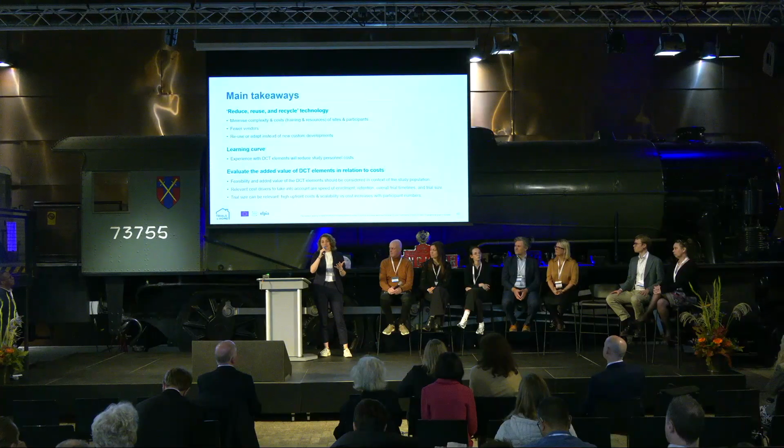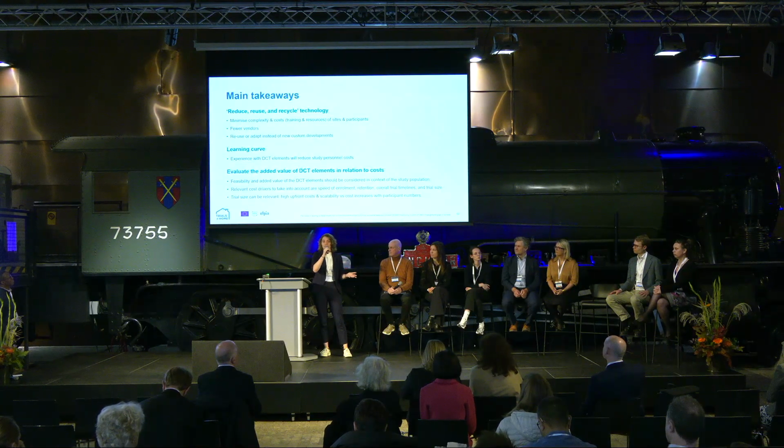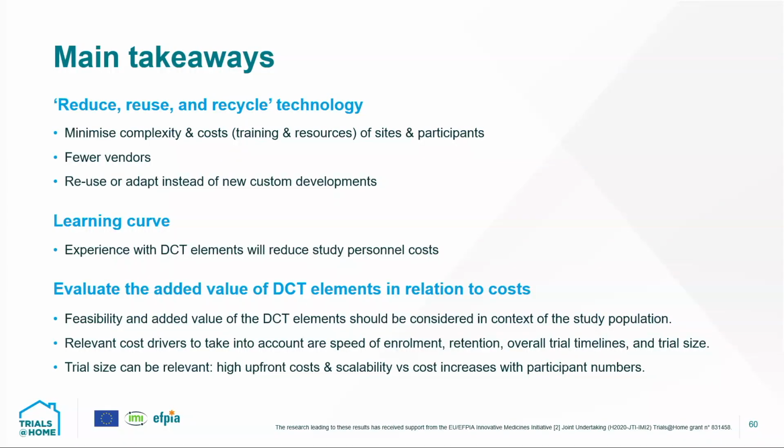And there are other elements, such as the direct-to-patient shipments, which I talked about. These costs will increase when patient numbers go up. And so you not just look at these costs by themselves, but also what do these bring in added value to your target population. Thank you.